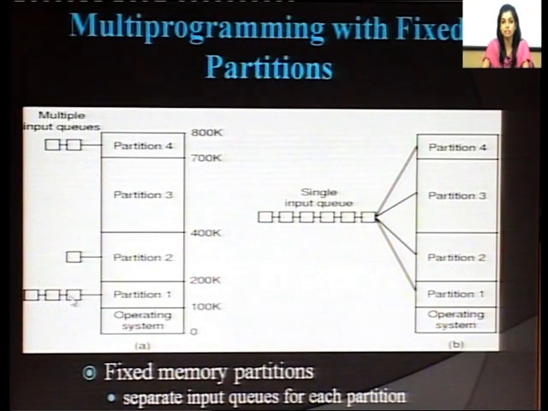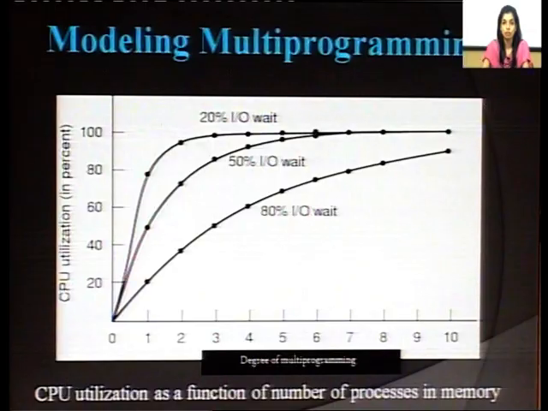If a process needs about 100 kilobytes of memory space, it goes into partition 1. If a process wants 300 kilobytes of memory, it goes into partition 3. So this is fixed partitioning in multiprogramming. This is multiprogramming modeling. According to CPU utilization, we can observe the multiprogramming speed and efficiency.